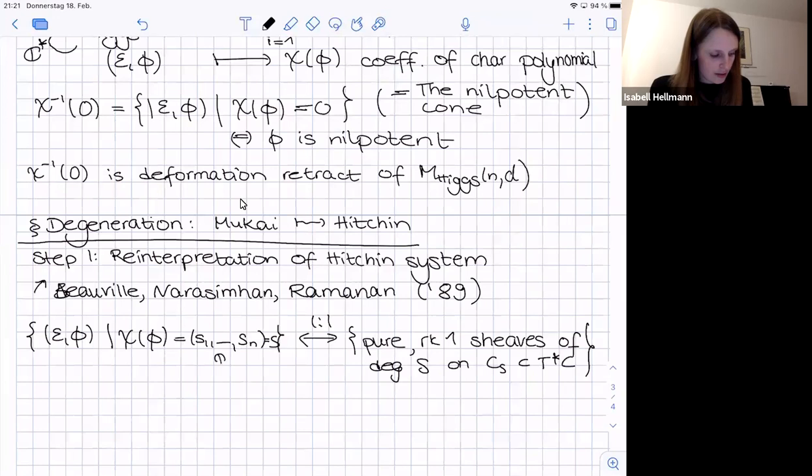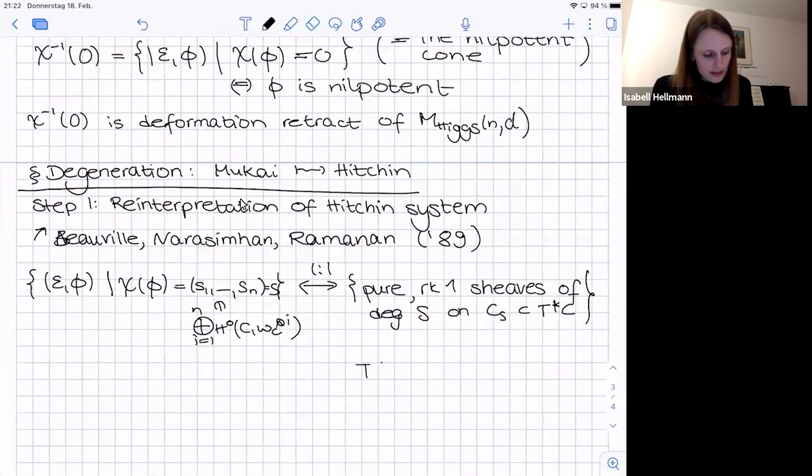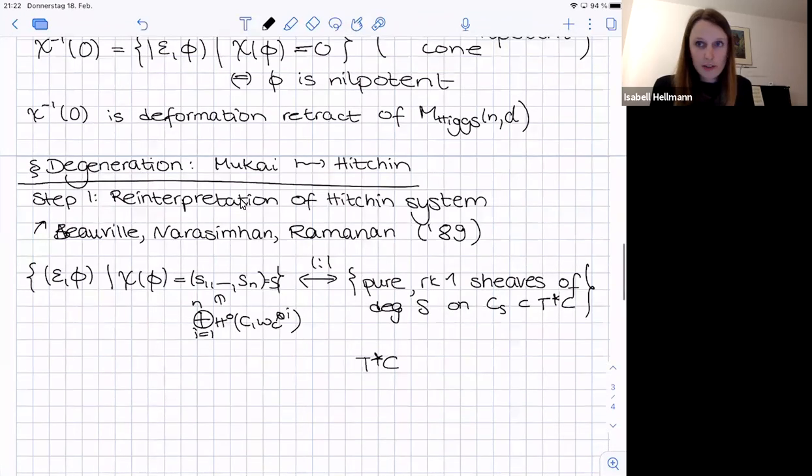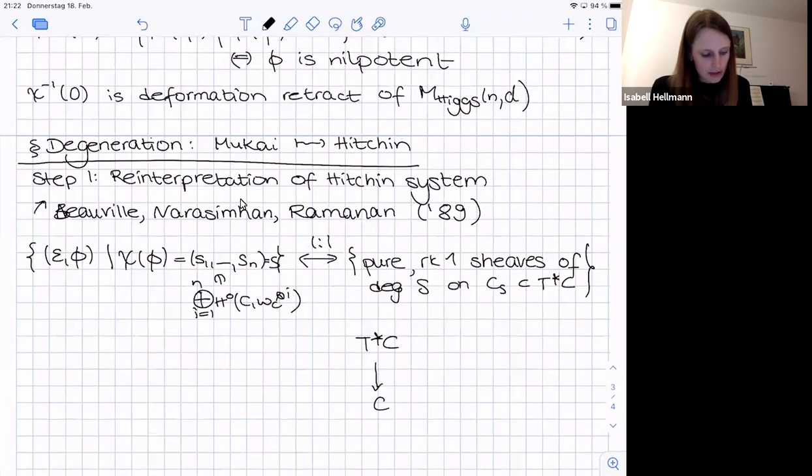So first of all, I have this cotangent surface, which is an affine bundle over C, so it's an A^1 bundle.